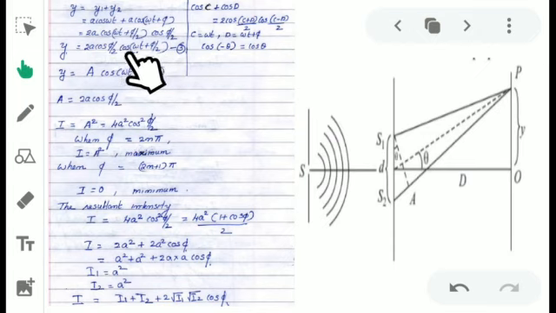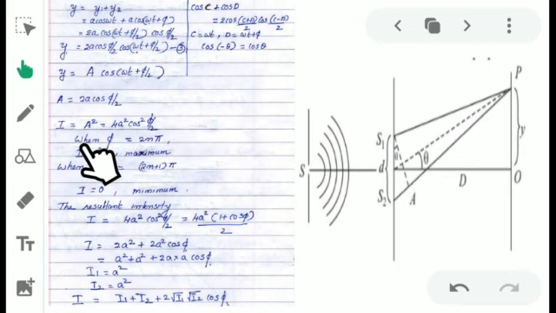This cos (omega t plus phi by 2) is the time function, and 2A cos (phi by 2) is a constant. So 2A cos (phi by 2) is the amplitude of the resultant wave. You know that intensity is proportional to the square of the amplitude. That is I equals 4A square cos square (phi by 2).